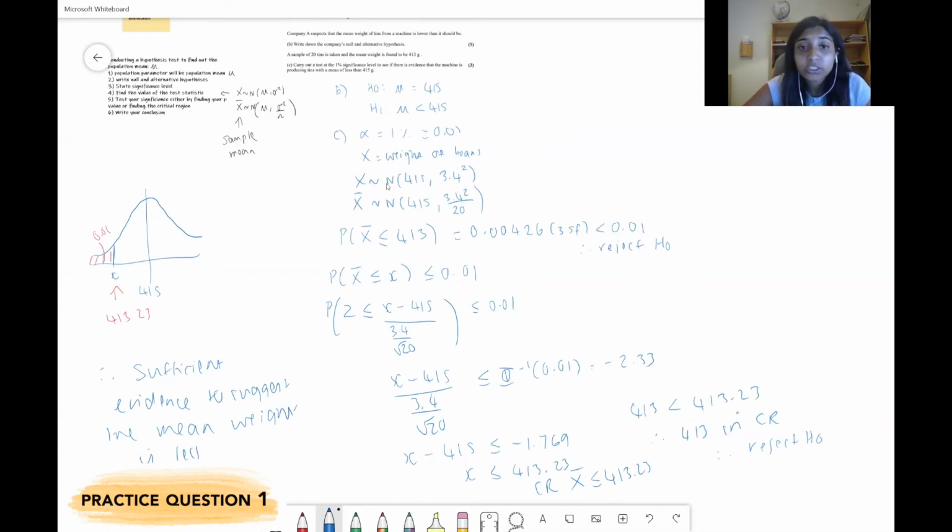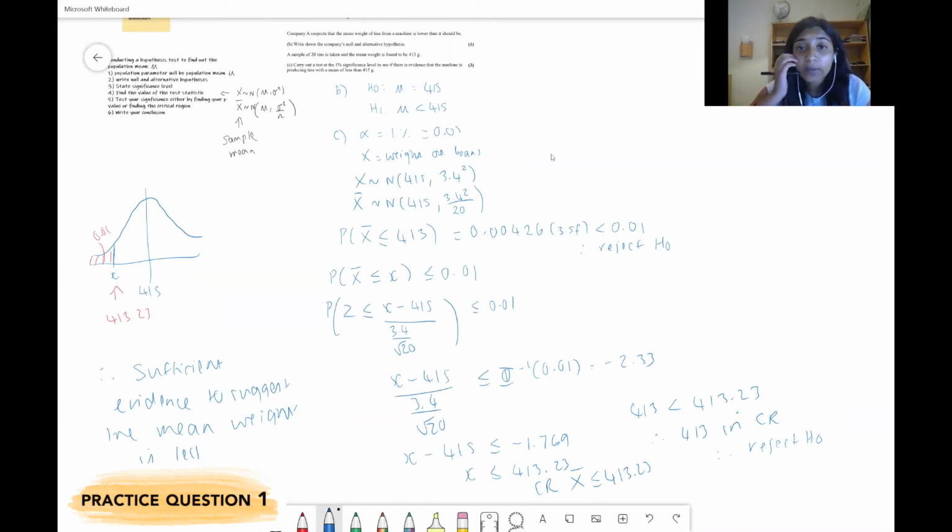Then you want to work with your sample mean distribution, which would also be normally distributed just like your other random variable, with the same mean. The only difference is that your sigma squared would now be sigma squared over n, so you need to be really careful with that.